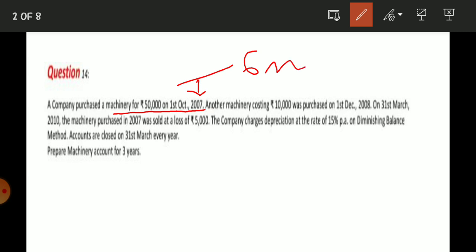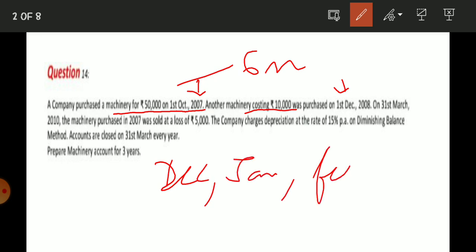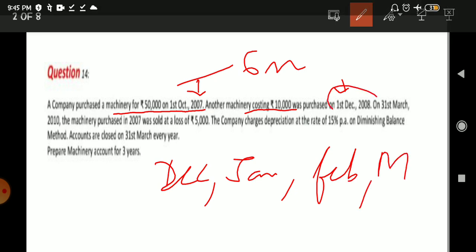Another machinery purchased for 10,000 on 1st December. So December, January, February and March, you have to charge 4-month depreciation.